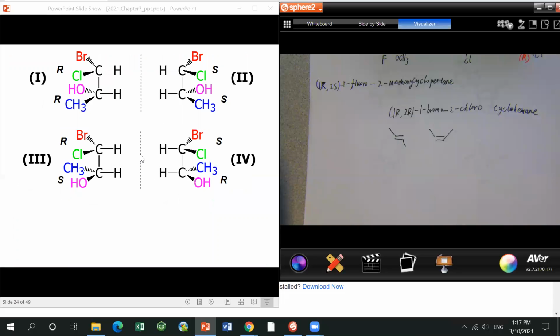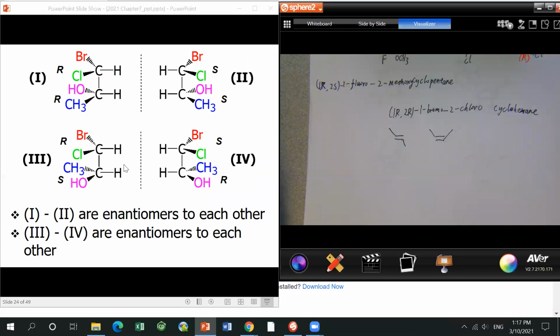Now it's clear: RR will be the enantiomer of SS, because they are mirror images of each other. Same thing, RS will be a mirror image of SR. You can see they reflect and match exactly, so they are enantiomers of each other.